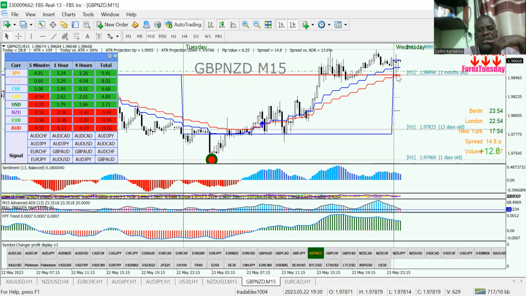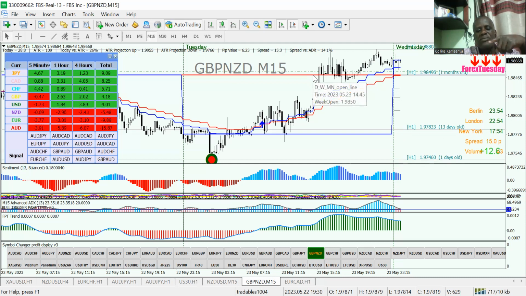These other two lines are the locked open lines. One is the day open line. And then the red one is the week open.